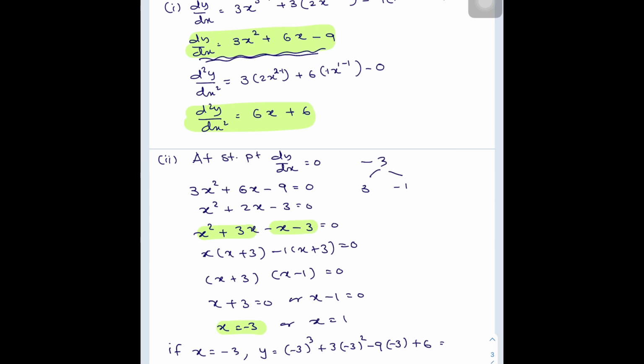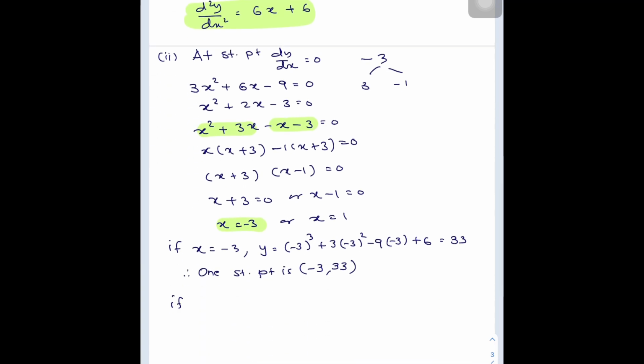Let me try using the calculator: negative 3 cubed plus 3 times negative 3 squared minus 9 times negative 3 plus 6. I get 33. So one stationary point is negative 3, 33.